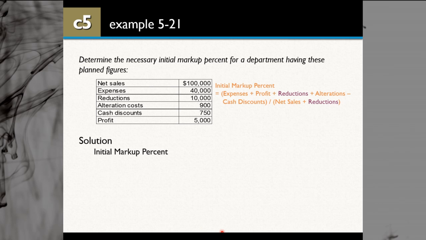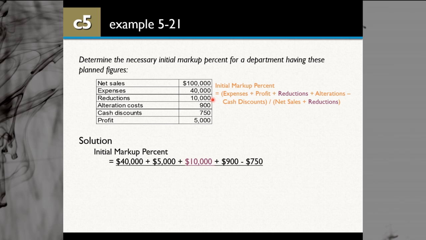let's look at that. What are the expenses? 4,000. And your planned profit was 5,000. And also your planned reduction is 10,000 plus alteration 900 minus cash discount, divided by your planned net sale plus, don't forget, your reduction will go to the top and the bottom.